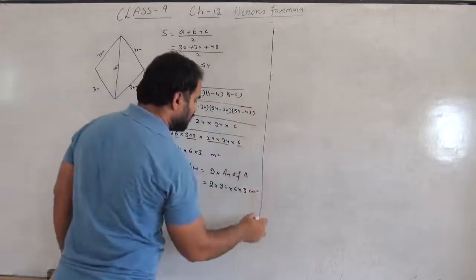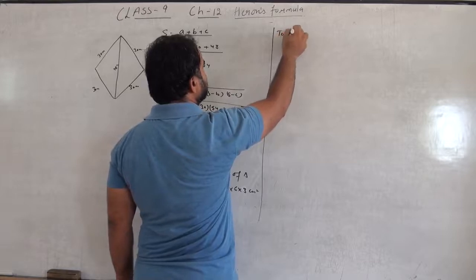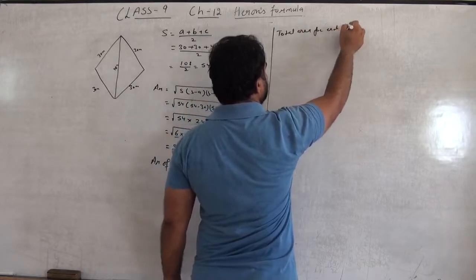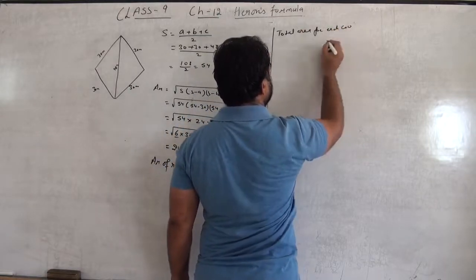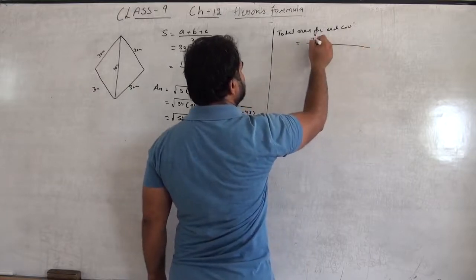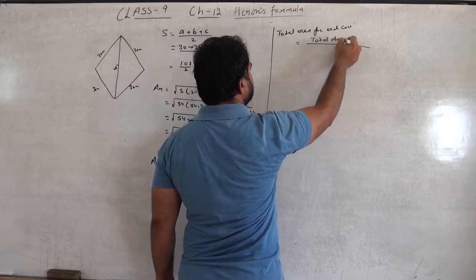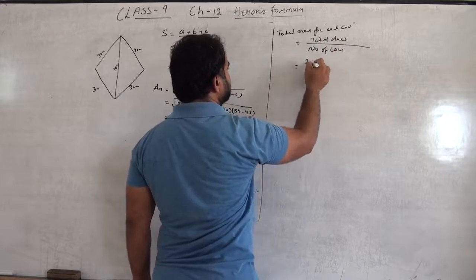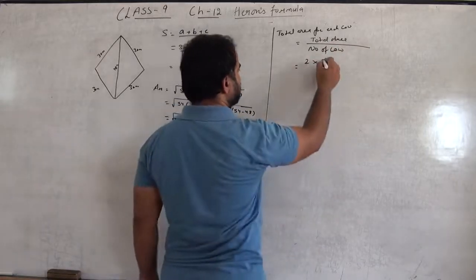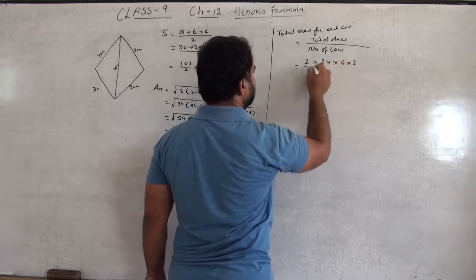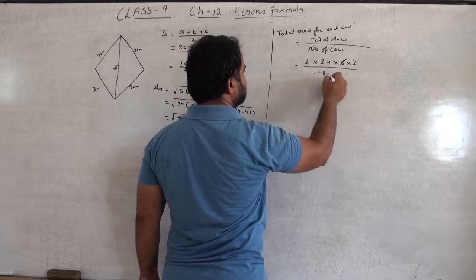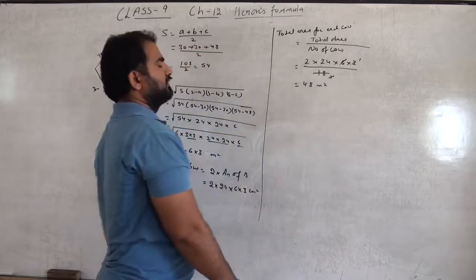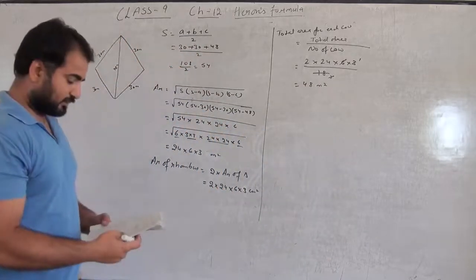So total area for each cow equals total area upon number of cows. Total area is 2 multiplied by 24 into 6 into 3 upon 18. 6 3s are 18 and 3 3s are 3. So it equals 48 meter square. This is the total area for each cow.